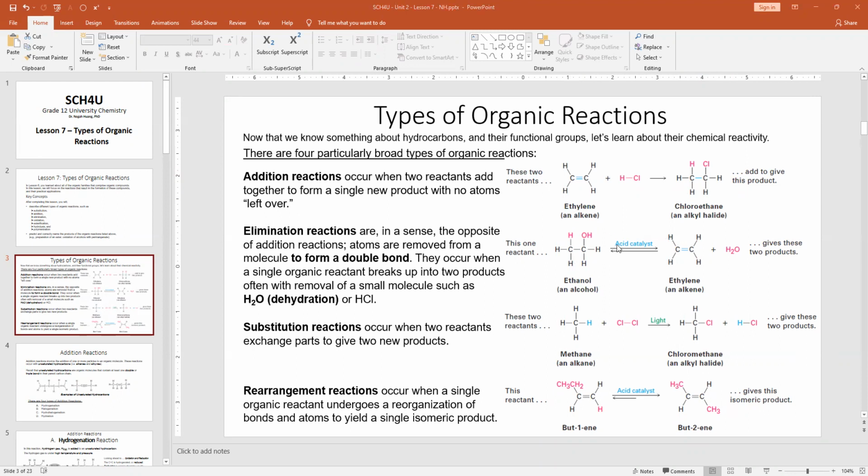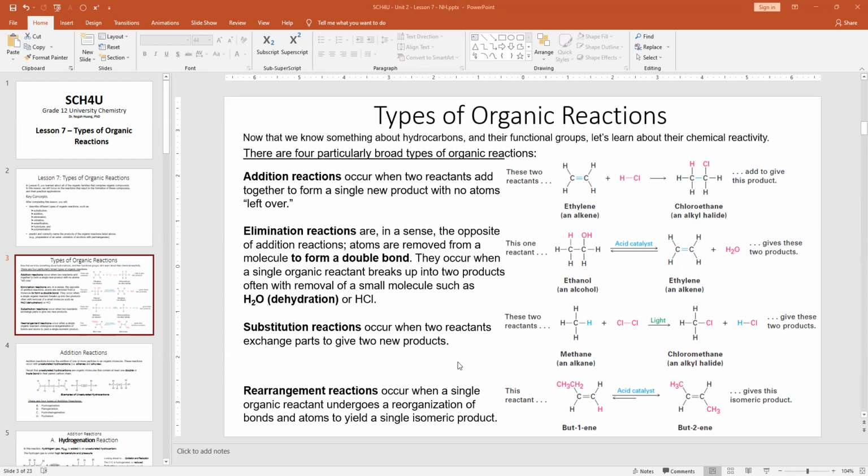And they occur when you have a single organic reactant that breaks up into two products, often with the removal of some sort of a small molecule, such as in this case, H2O, or if it's the opposite of this addition reaction, it might be HCl. So the addition and elimination reactions are essentially opposites of each other, reverses of each other.